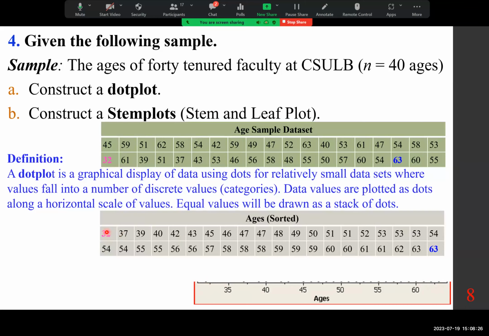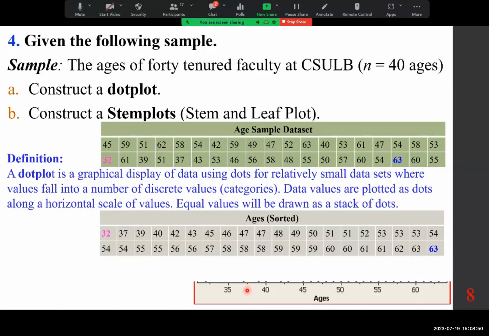For example, 32, I have only one piece of data with a value of 32. So I put number 32 here and I put a dot here.